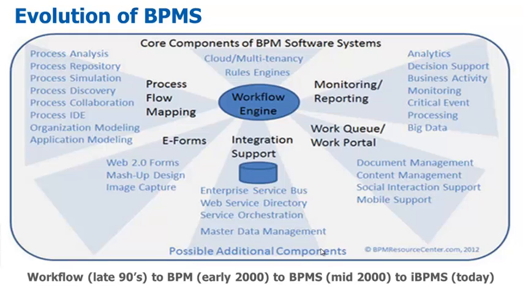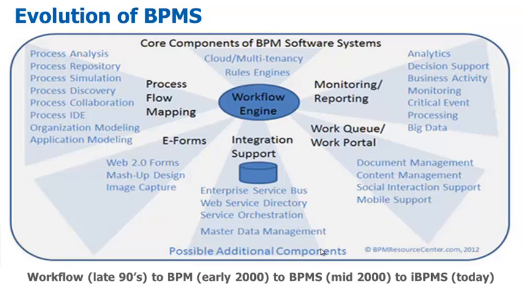What you see then is things like process flow mapping, so that people can flow out the steps of a process so you can visualize a process and communicate it. Electronic forms, support for lightweight business system integration, support for a work queue or a work portal. The work has to go somewhere that someone's going to interact with. And then monitoring and reporting. And these are part of the core business process management systems.